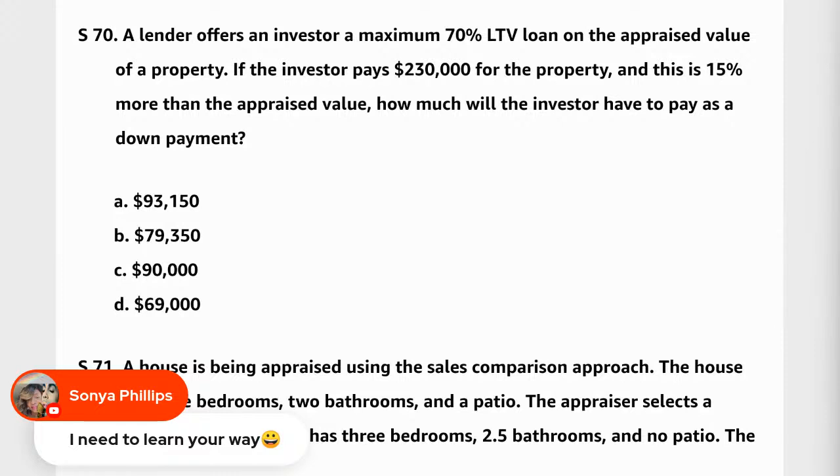Then 200,000 times 70% equals 140K. And then 230K minus 140K: the amount he's buying it for minus the loan leaves a 90K down payment.